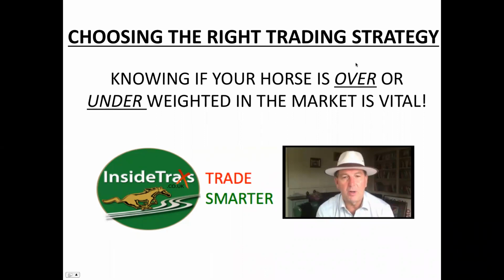Certainly if they shorten in the last 5 minutes, that's a big indication that they have a great chance of winning. If they radically drift in the last 5 minutes, that also is quite a strong indication that professional money is going against the overall weight of money in the marketplace. So look out for that.